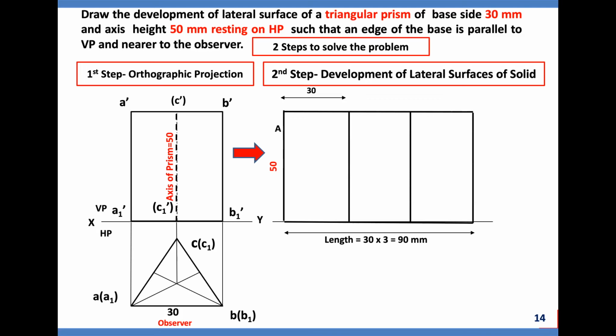Close it and do the naming A, A1, B, B1, C, C1 and again back A1. Now A to B is 1, B to C is 2, and C to A is 3. So 3 surfaces of a triangular prism, and you can see the development of it.